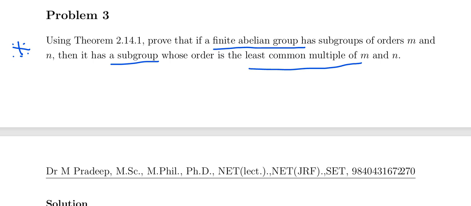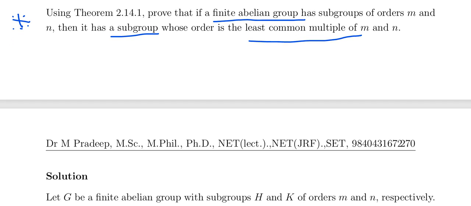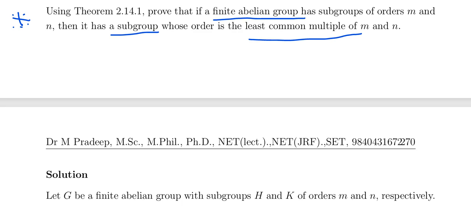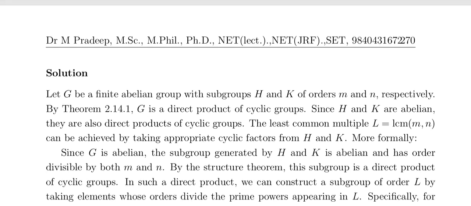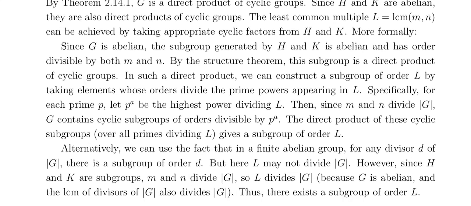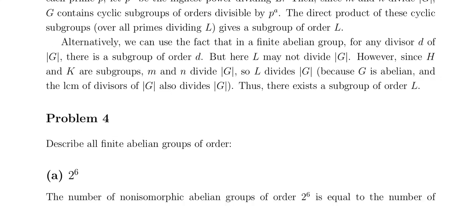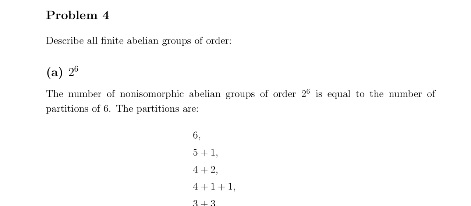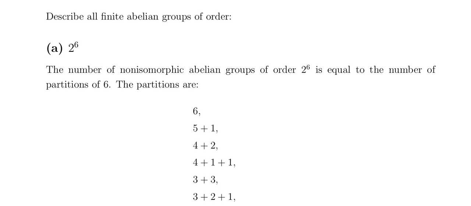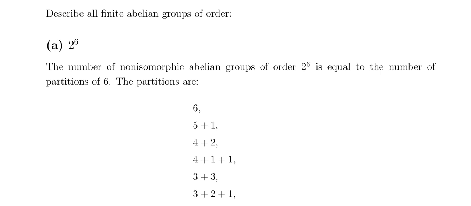So for a finite abelian group that has subgroups of order m and n, it has a subgroup whose order is the least common multiple of m and n.